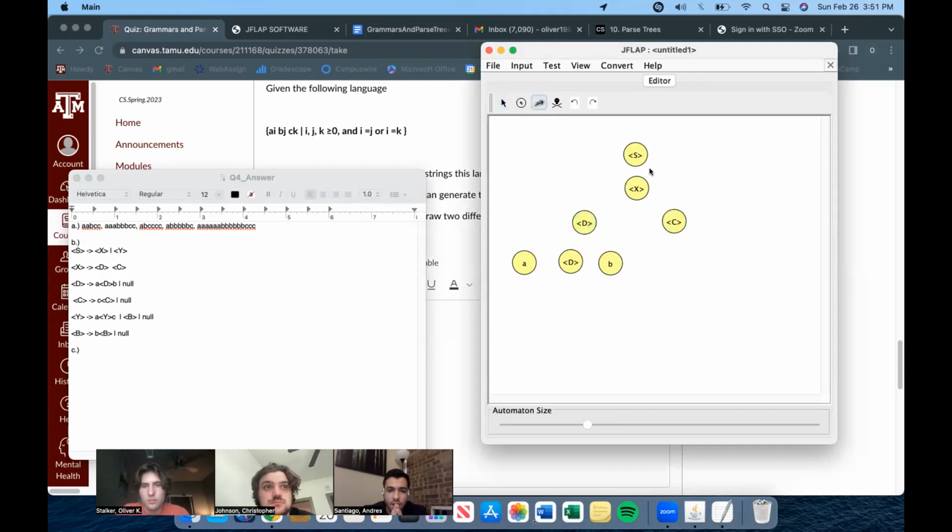And then the other D just does the same thing again. Okay. I'll worry about the connectors in a second. All right.